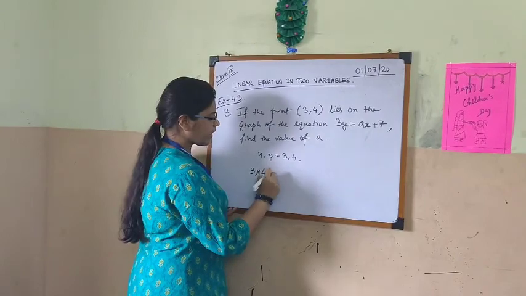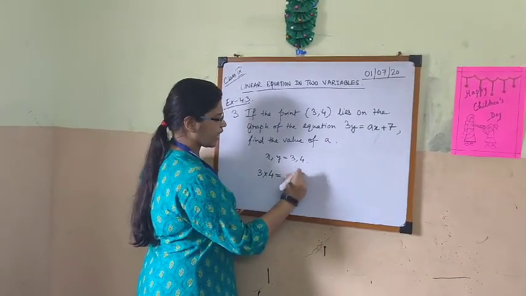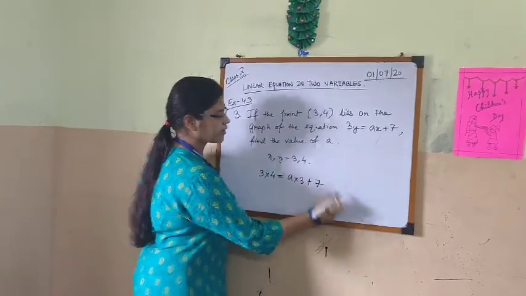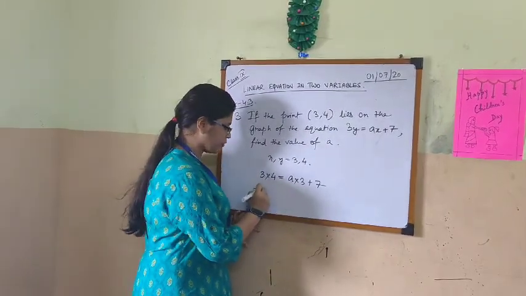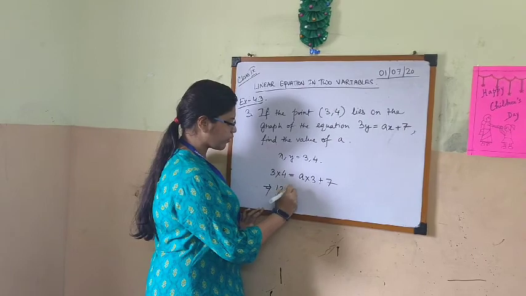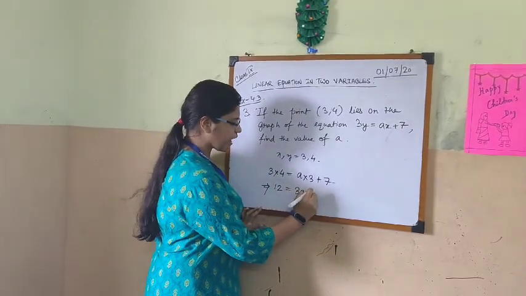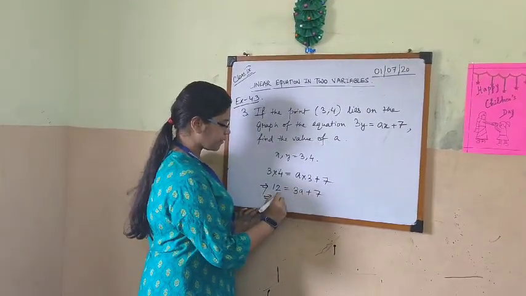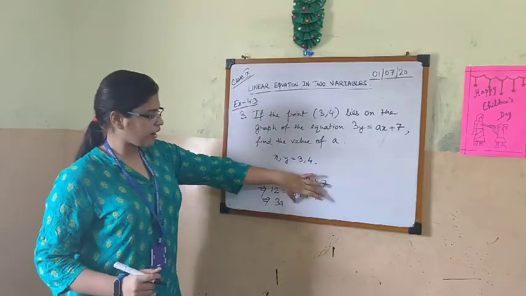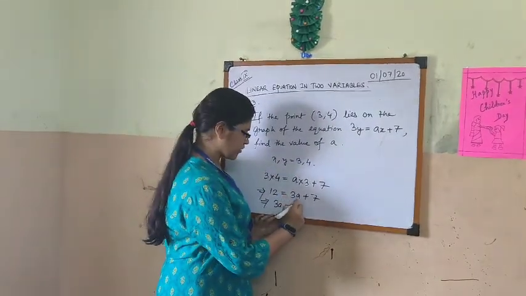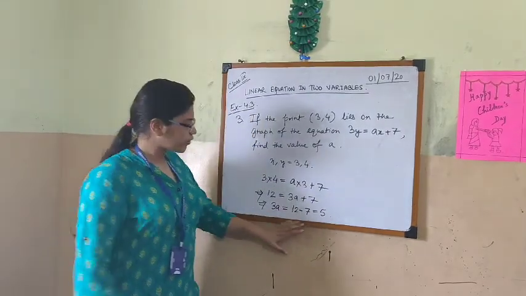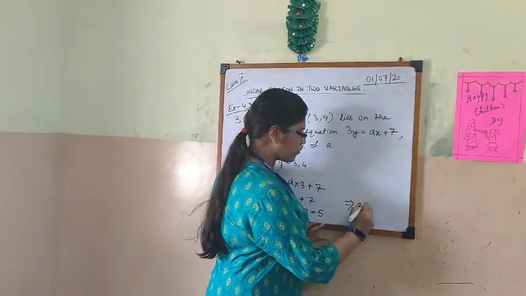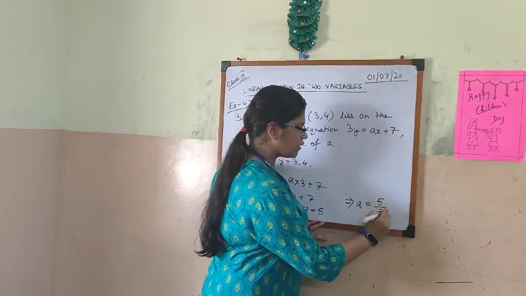So 3y equals a into x, x is 3, plus 7. Here a is unknown, we have to find out the value. So 3 into 4 is 12, then 3a plus 7. If I am writing this part this side, 3a equals 12 minus 7, that is 5. So the value of a will be 5 by 3.